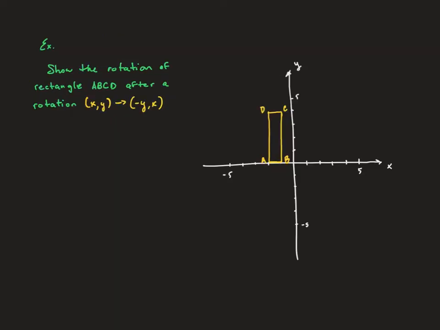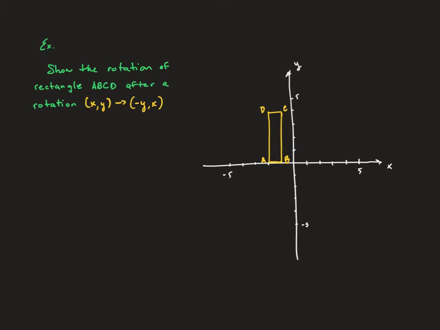So looking here at this example, it says, show the rotation of a rectangle ABCD after a rotation. My rotation is showing that (x, y) is mapped to (-y, x).